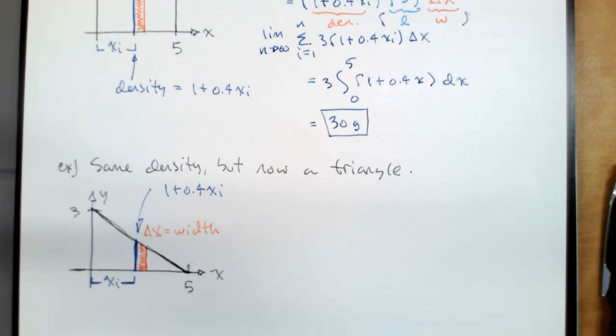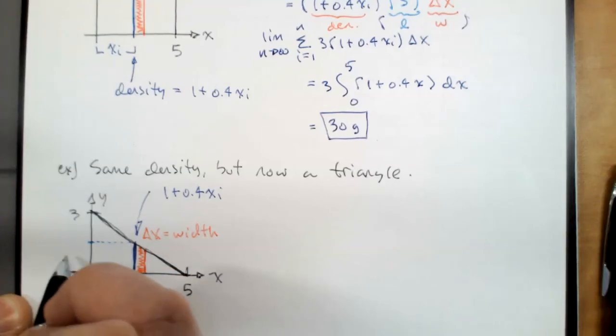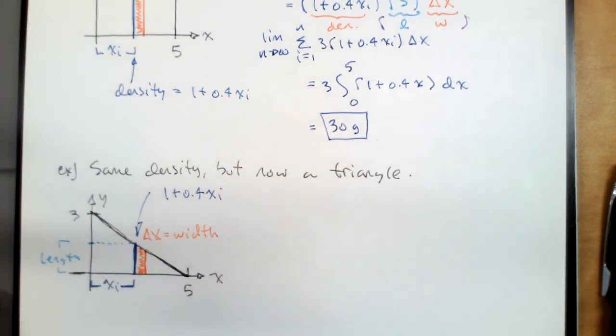So when xi is equal to 0, the length is 3. But as xi increases out to 5, the length drops down to 0. But at this point, xi, I'm also going to have this length, which is given by the y coordinates.